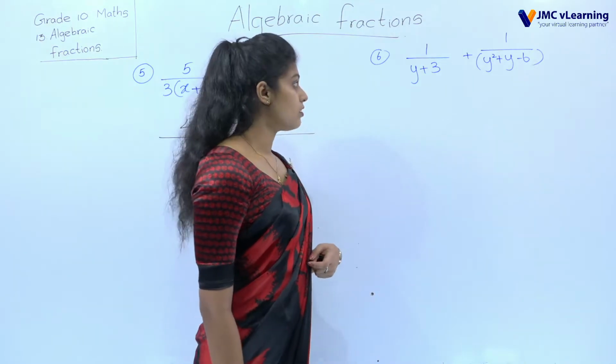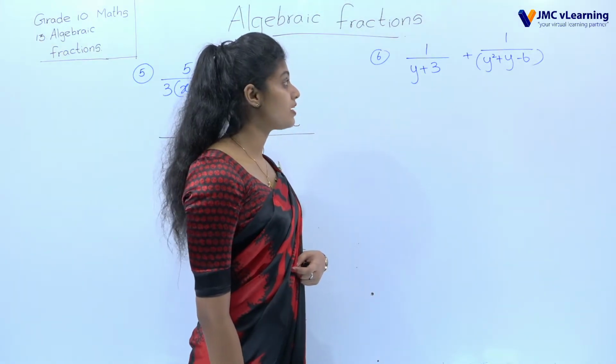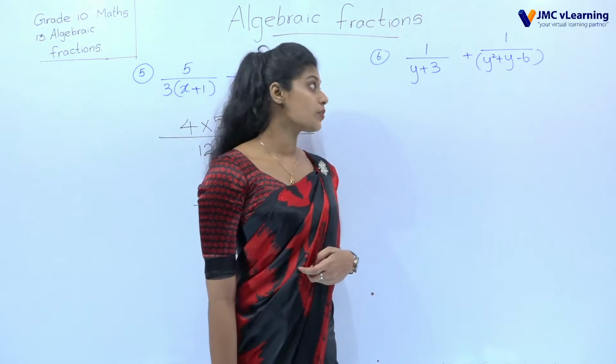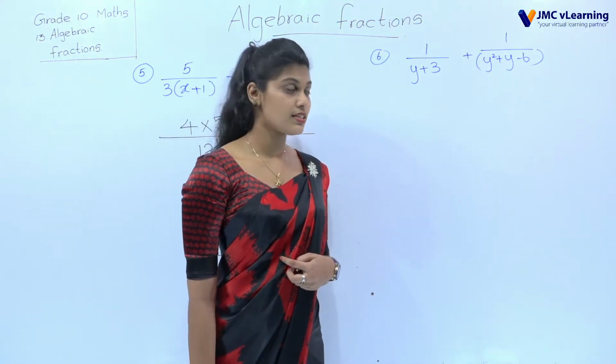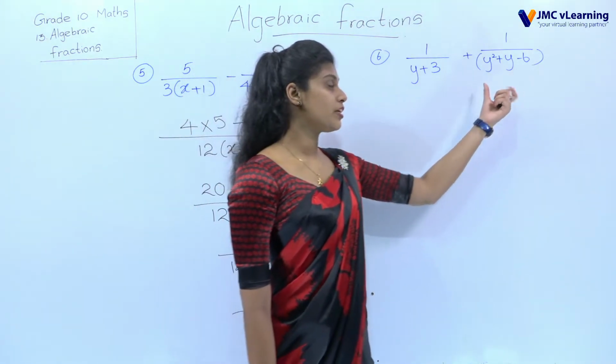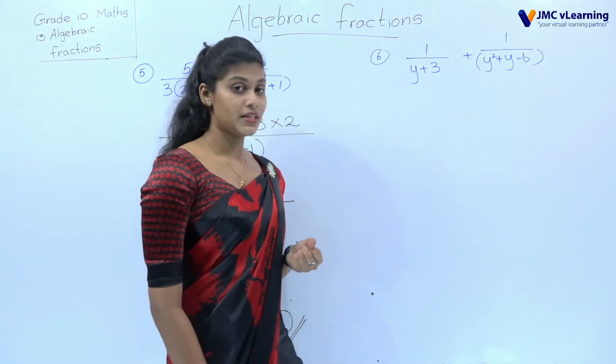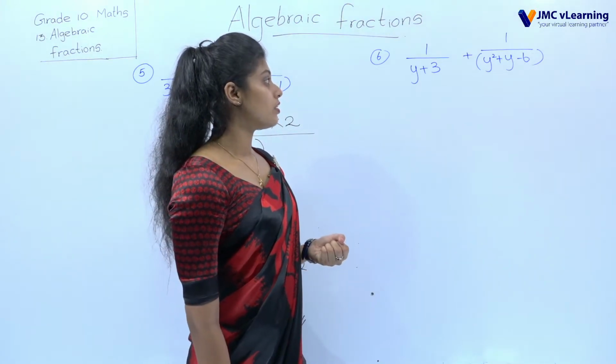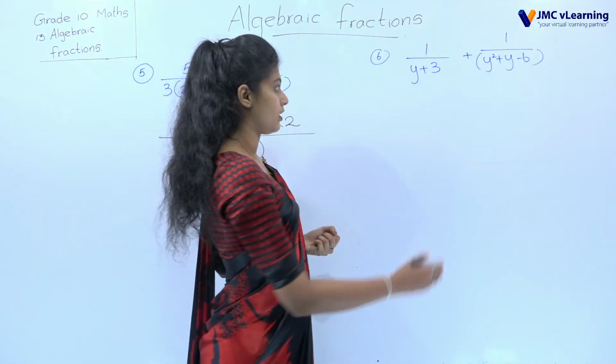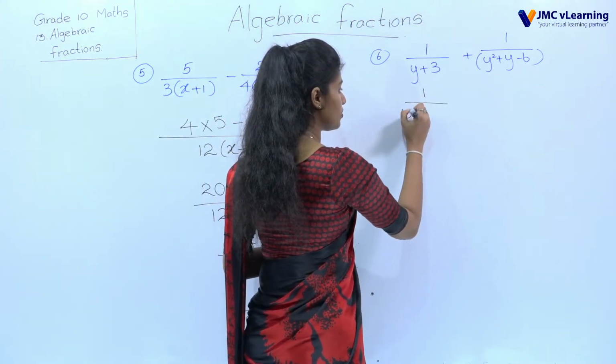1 over y plus 3 plus 1 over y squared plus y minus 6. Here this trinomial expression you have to write as a multiplication of two algebraic terms. Then here this one is no need to change.